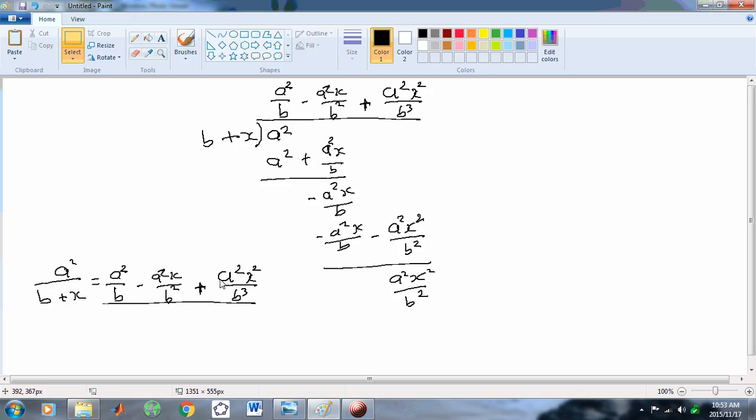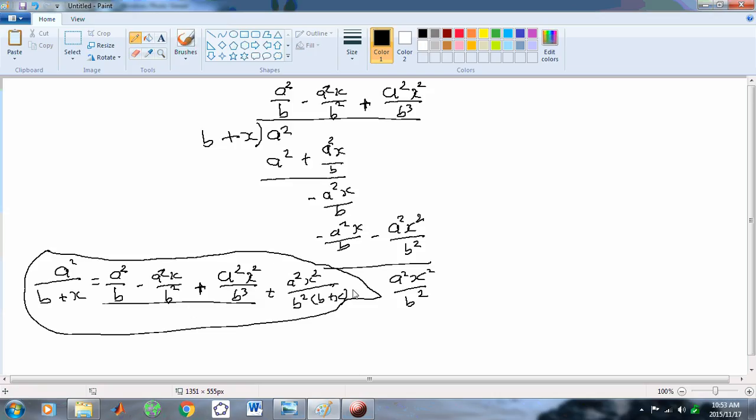It's going to be that plus this last term, which is a squared x squared over b squared over b plus x, right? Okay, so this here is exact. There's no infinite series here. And of course you can see that if we carried on, you'd have an extra term here, and the next one if we continued on to this next step here with this partial division process.